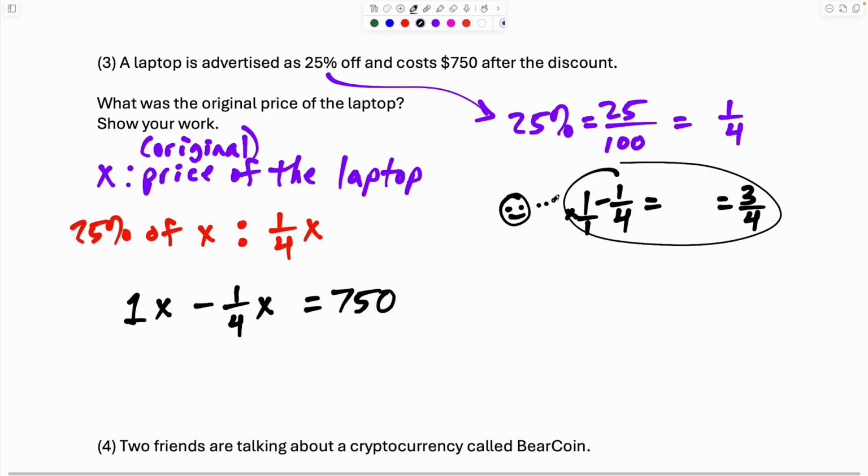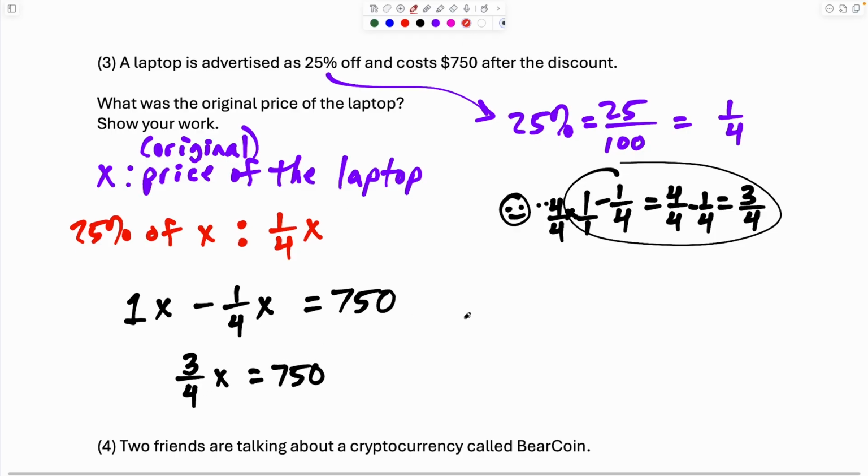Okay, so that first fraction I could multiply by 4 over 4, and then I would have 4 over 4 minus 1 over 4, and I would do 4 minus 1 is 3, which would give me 3/4 at the end. Okay, so here I'm going to have 1x minus 1/4 x is 3/4 x equals 750.